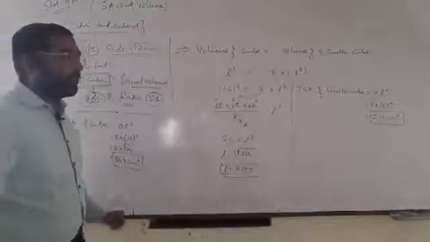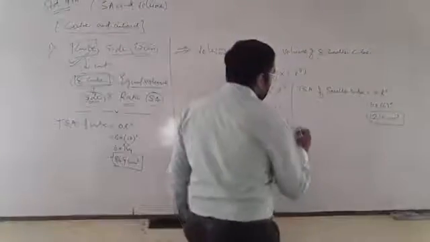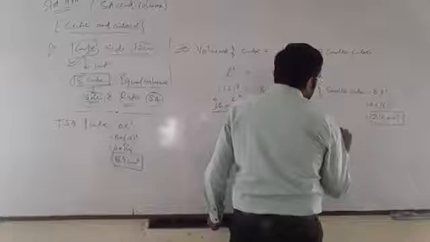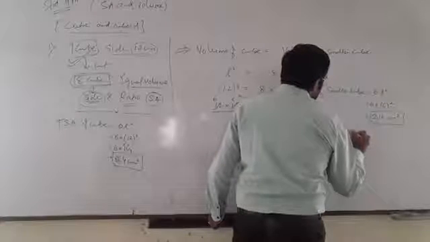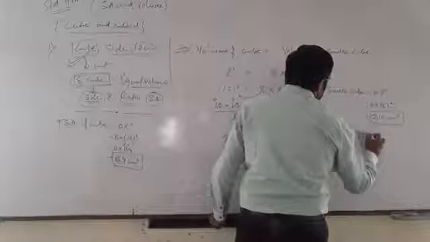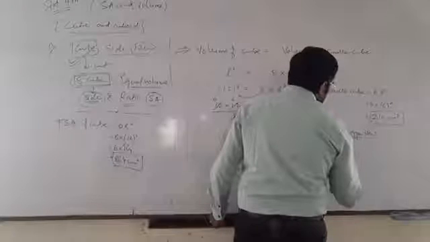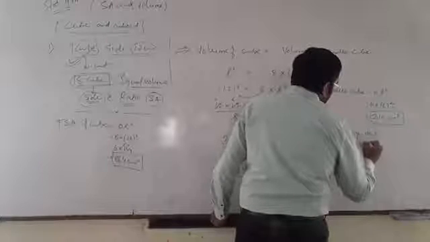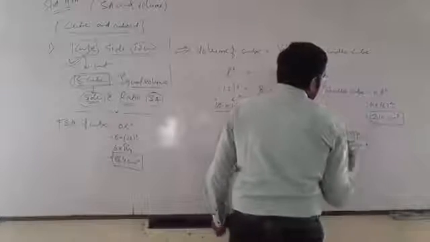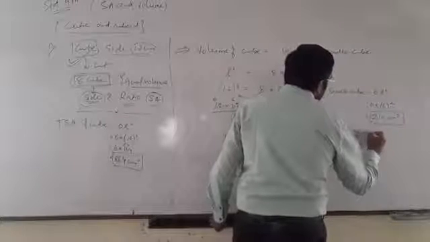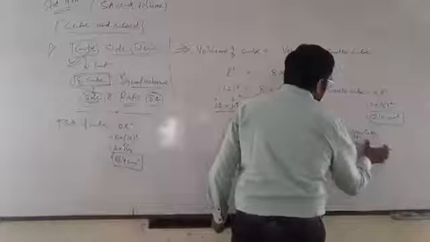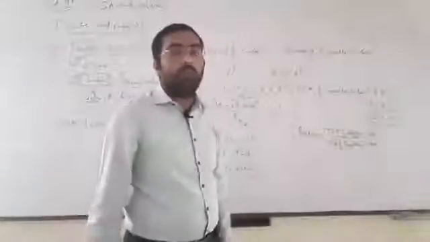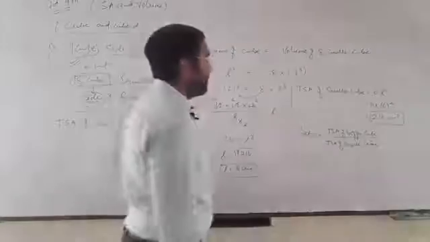Now I have to find the ratio of their surface area. The ratio is equal to TSA of the bigger cube, that is my original cube, upon TSA of the smaller, or new, cube.